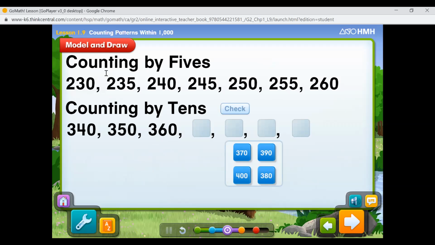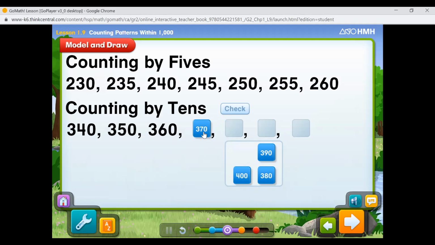Do you notice that these numbers are in the hundreds. 300. Each one of these starts with a 3 for 300. So we can think about, this is just like counting by tens. There's a 40, there's 50, there's 60, and what do you think would come next? Something with 70, since we're counting by tens.